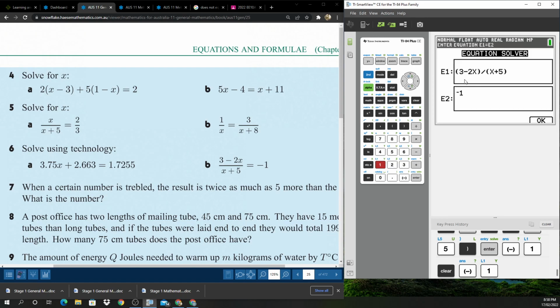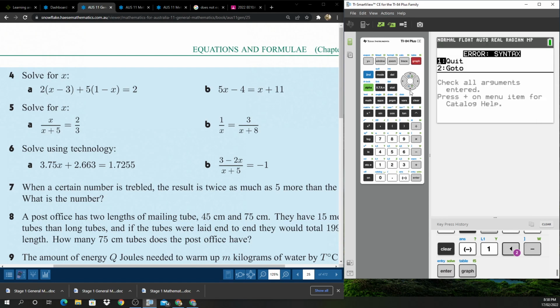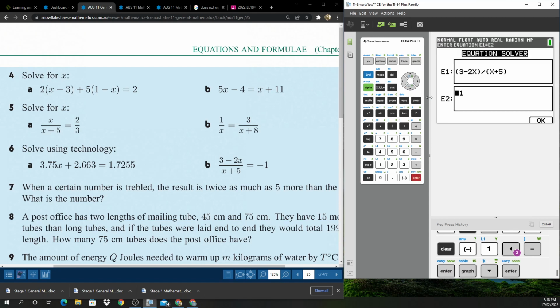This is an operation. If you don't have anything on the left-hand side of the minus operation, it will spit chips. Let me show you. If I put the minus sign in there, and I try to go OK, and I try to solve that, it doesn't like it. So let's fix it. You need to put the negative button in there. That's the little one on the bottom. That's important.